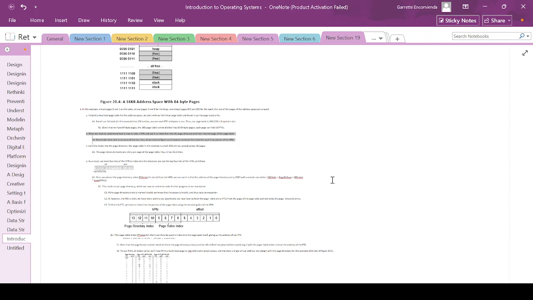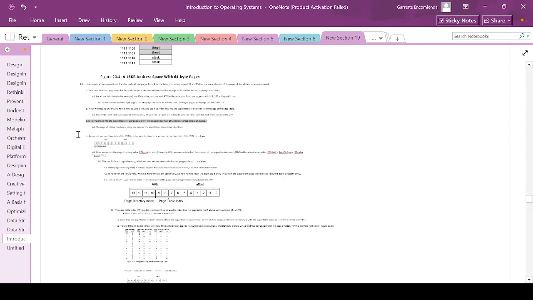Let's first index into the page directory. Our page table in this example is small: 256 entries, spread across 16 pages. Why?